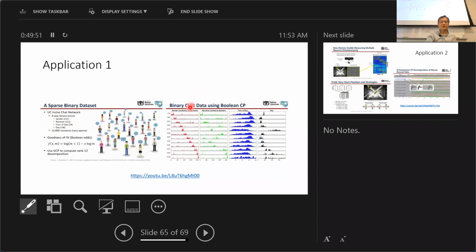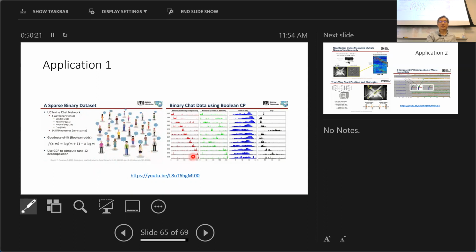Okay, so there are some applications. This one captures the dynamic change of a network. The data was collected from a real-life school, at different time points, the binary interaction between students.